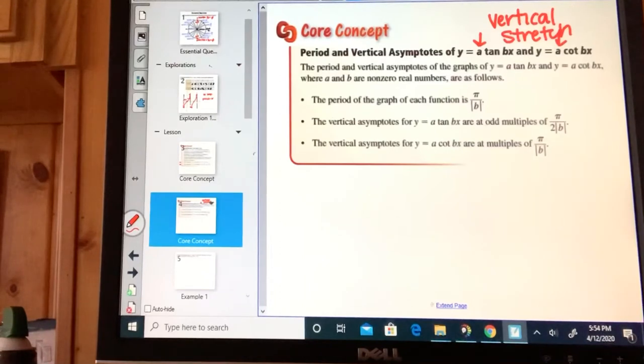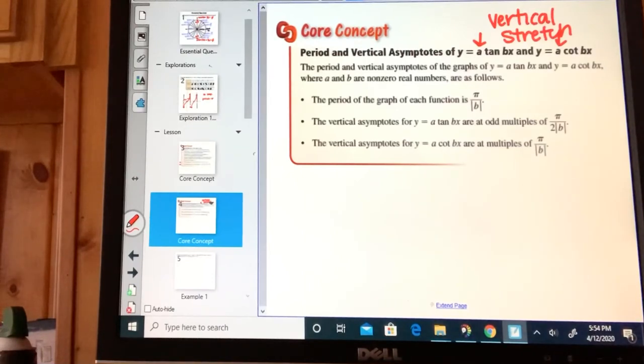So if it's 2, it's going to stretch it out. It's going to get closer to those asymptotes a little less fast because it's trying to go higher faster. Okay, and if it's less than 1, it's going to get really wide, right? I'd go ahead and play with it on Desmos if you wanted to see how different graphs look, okay?